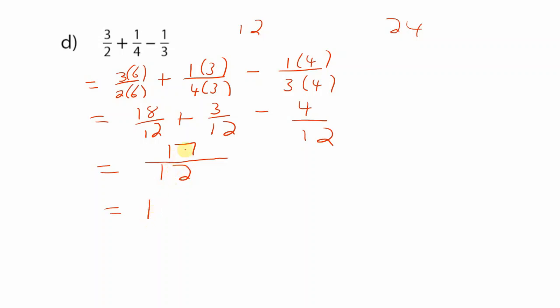What's the remainder? The difference between 17 and 12 is 5. We always keep the bottom the same. So we have our whole part and our fraction part. This is our mixed fraction in simplest form. And those who used 24 throughout as the denominator should get the same answer.